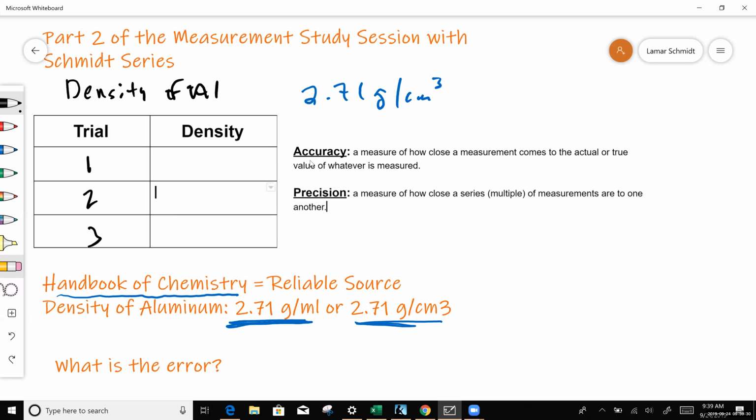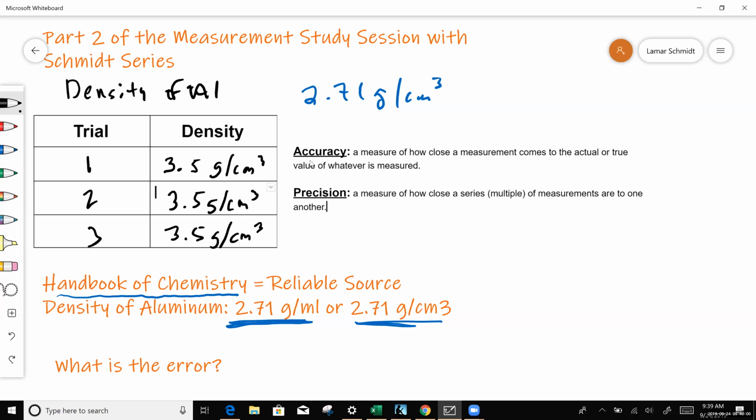Okay, let's try this. 3.5 grams per cubic centimeter, 3.5 grams per cubic centimeter, and 3.5 grams per cubic centimeter. So what do we notice about this?